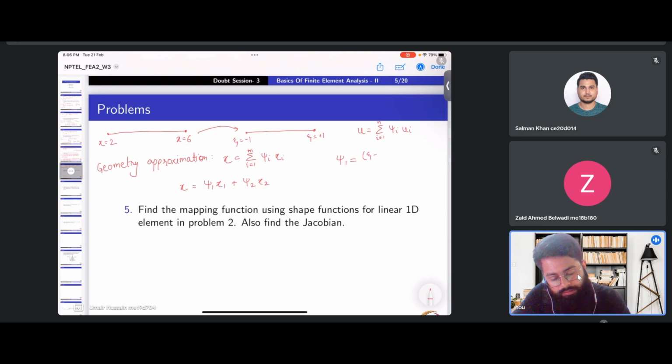It's zeta minus zeta 2 on zeta 1 minus zeta 2. Zeta 2 is plus 1, so we have zeta minus 1 upon zeta 1 minus zeta 2, which is minus 1 minus 1, minus 2.